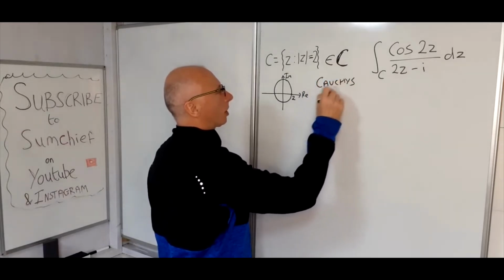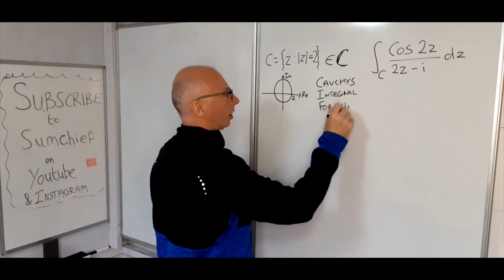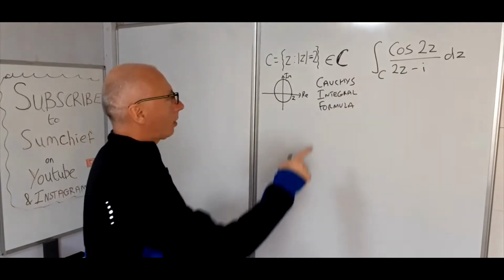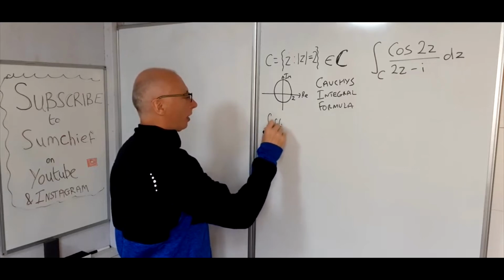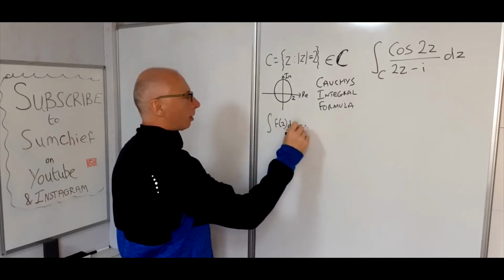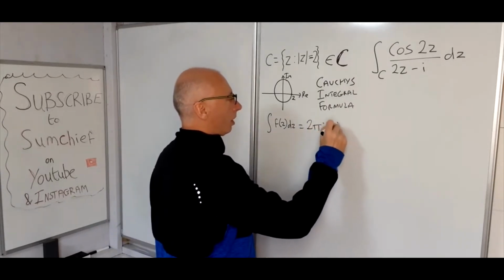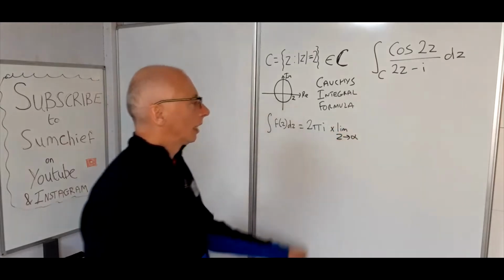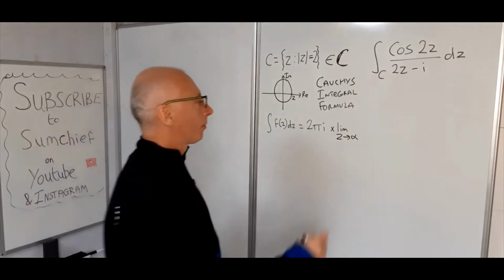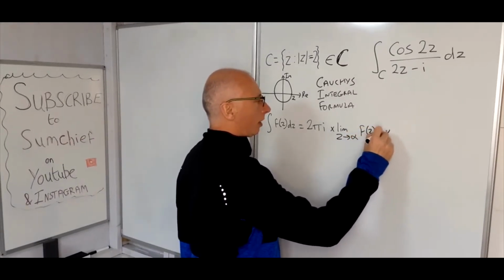Cauchy's integral formula. Okay, so Cauchy's integral formula is basically the integral of f of z dz equals 2 pi i times the limit as z approaches alpha, where alpha is a singularity, of f of z times (z minus alpha).